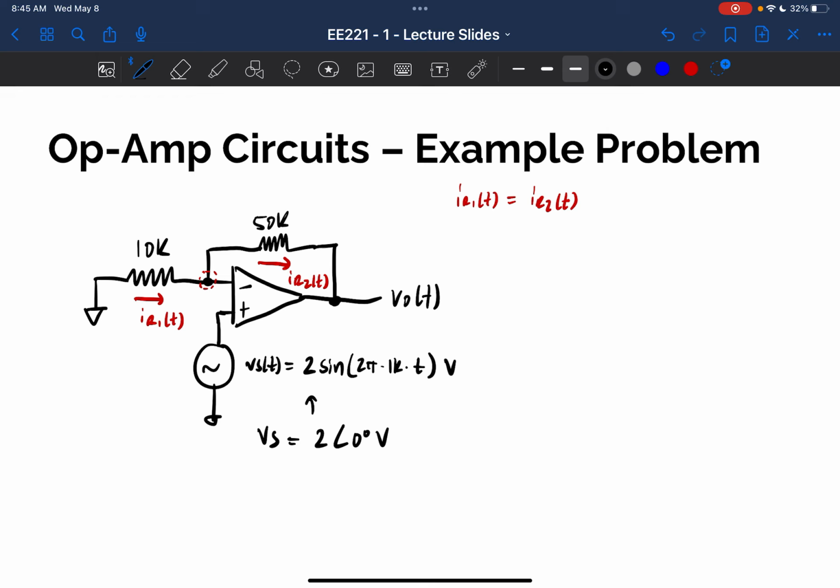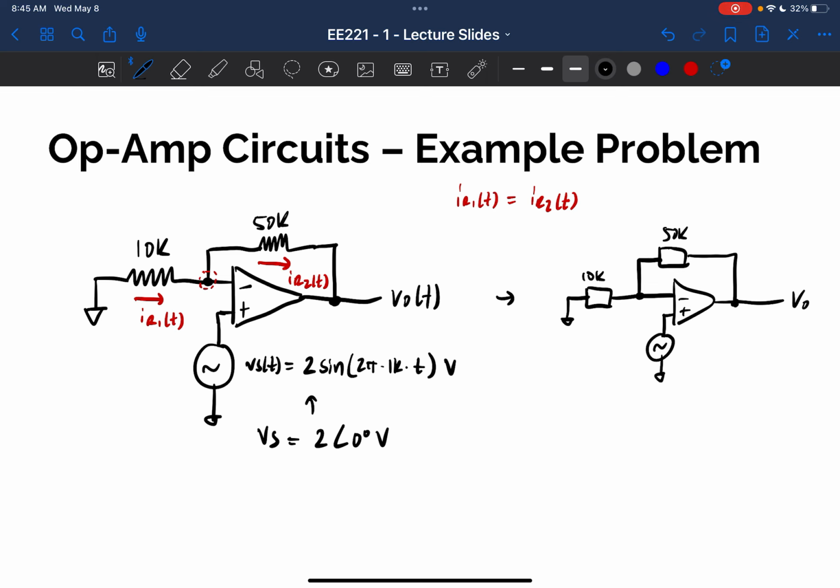And if we really wanted to, we could rewrite the op-amp in terms of its impedances rather than its resistances. But because they're just resistors, right, we could probably just ignore that step and save ourselves some time. But I'll just draw the equivalent circuit anyways. So this one would be a 10K impedance, this would be a 50K impedance, and we basically have the exact same circuit, where my V out now is just going to be a phasor, and we just saw that my Vs is 2 angle 0, right?